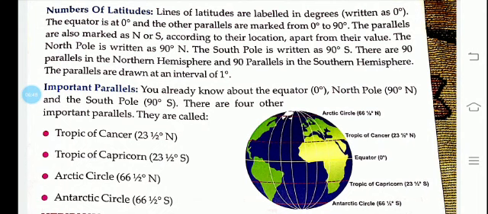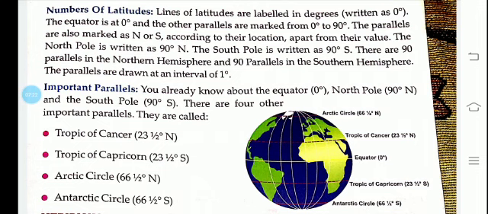The lines of latitude are labelled in degrees, written as 0 degree. The equator is at 0 degree and the other parallels are marked from 0 to 90 degree. The parallels are also marked as N or S according to their location, apart from their value. That means if they are in the northern hemisphere, it will be written N, that is 23 degree north, 66 degree north.